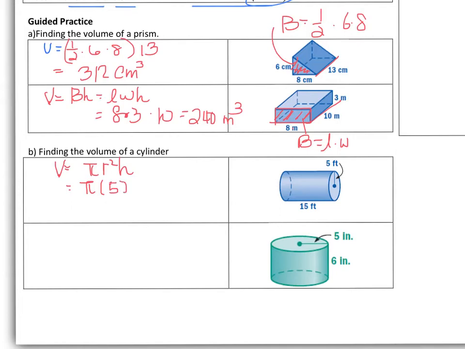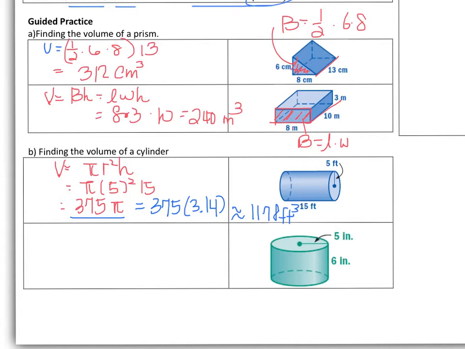Substitute in 5 for r, and the height would be 15, and then we could do the math. 25 times 15, you should get 375 pi. At this point, this will be your answer in terms of pi. And if I ask you to write your answer using pi equals 3.14, you would keep going. And after doing the math, you should get about 1178 feet cubed.